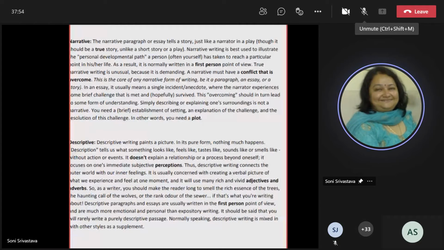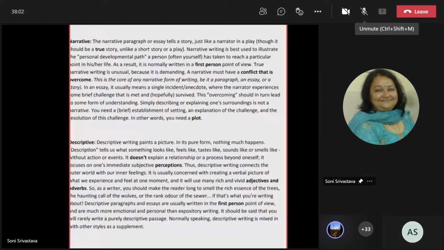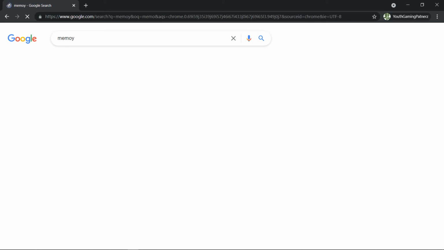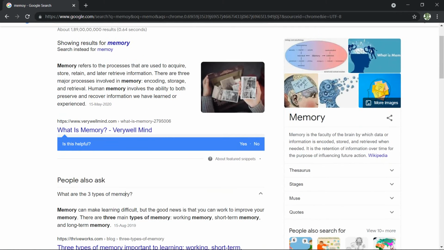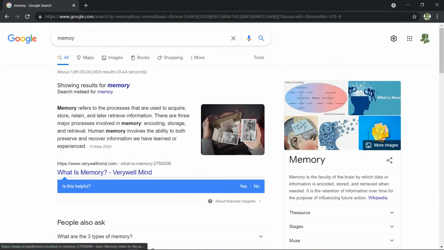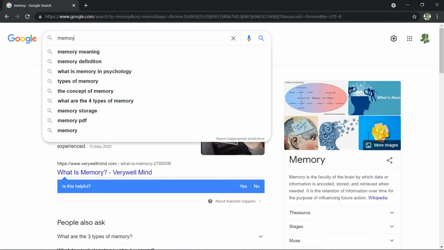Okay. Anybody who's heard before, what is a memoir? Ma'am, a preserved text. Come again. A preserved text. Not completely, somewhere close, but not very. But what is a memoir?